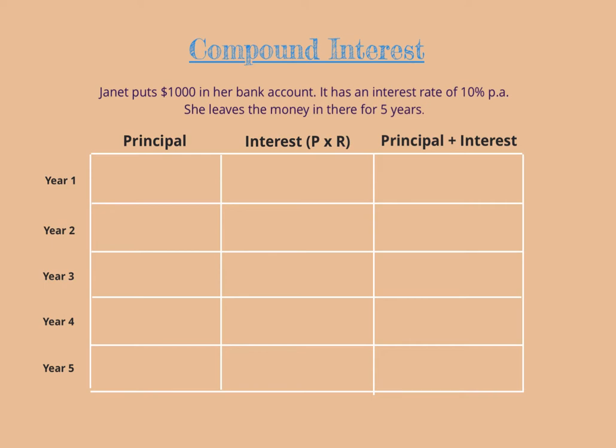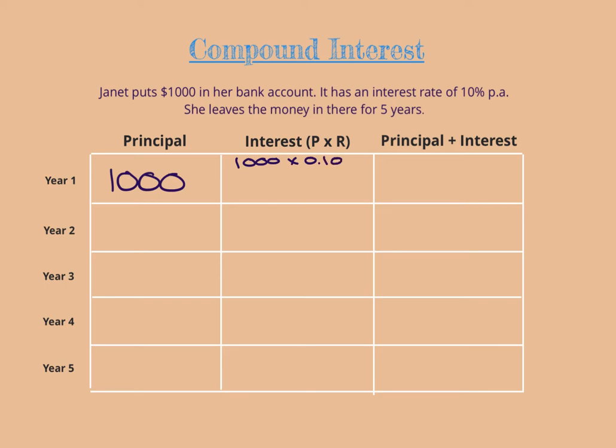So Janet has $1,000. It's earning an interest rate of 10% per annum. She leaves the money in there for 5 years. So in her first year, her principal is $1,000. Now the interest that she earns in that first year, it's P times R. So her principal was 1,000 and the rate was 10%, so 0.10.